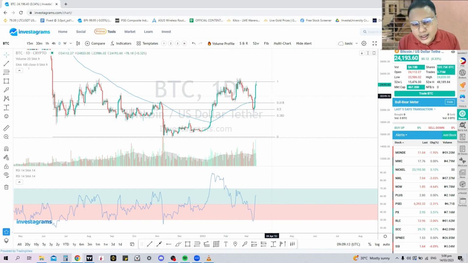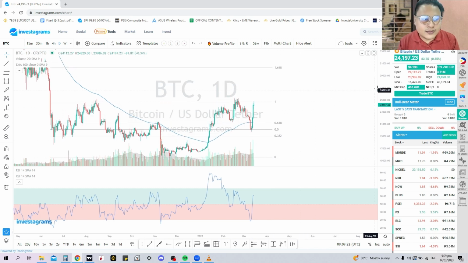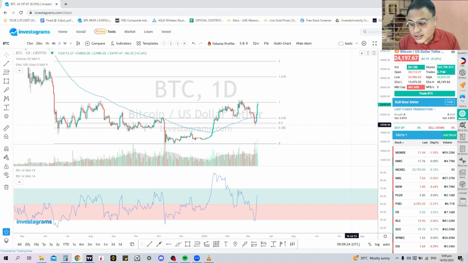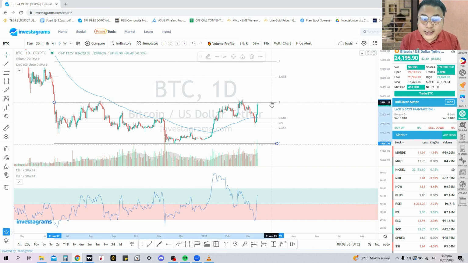So ngayon, ang pwedeng maging primary bias natin since above MA100 siya and trying to break above the 100% level is possibly, ang pwede natin gawin is wait for a breakout sa 100% and then our next target will be the 1.618 fib extension.